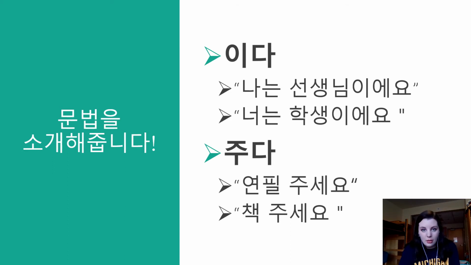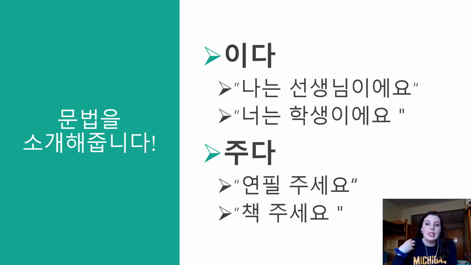So 선생님 means teacher. And then 이에요 is where that 이다 verb comes in. So 이에요 means is, right? So I, teacher, is, or are, am, is, are, am, are all combined sort of in this grammar point.